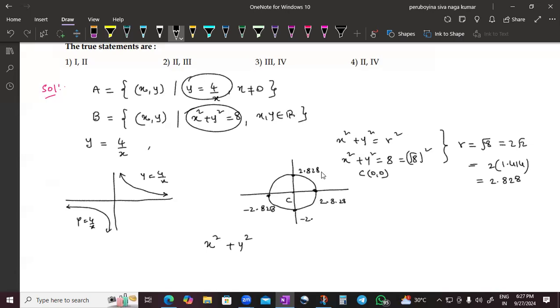So what I am doing is considering the second equation and the first equation together and trying to merge these two. So x square plus y square, where we already know y is 4 by x from the first equation. So replace y with 4 by x, and I'm trying to find out whether any real values exist or not. From that, I can understand whether the intersections are possible or not.